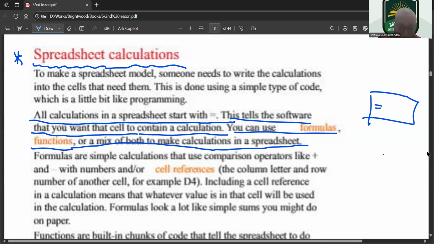First of all, write down this part. Yes, write it quickly. They are having formulas, functions, and a mix of both.